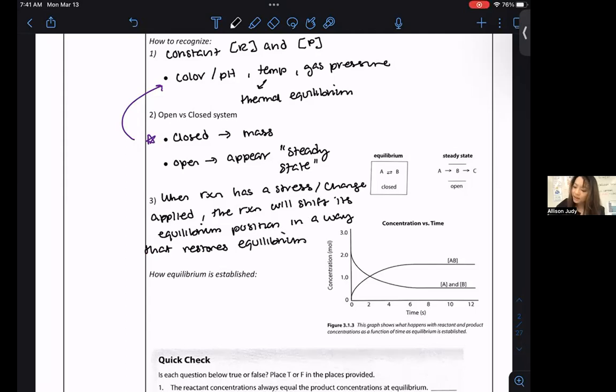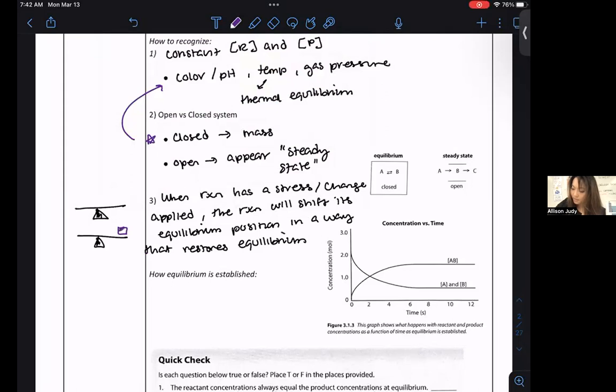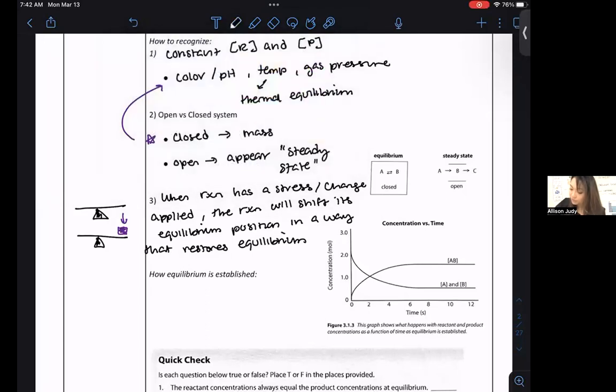So you can kind of think of it like a balance beam, right? Before, we are completely in equilibrium. During, some force is applied, and that's going to create a heavy weight on one side, an unbalanced status. So our reaction is going to respond in such a way that it wants to return to equilibrium.